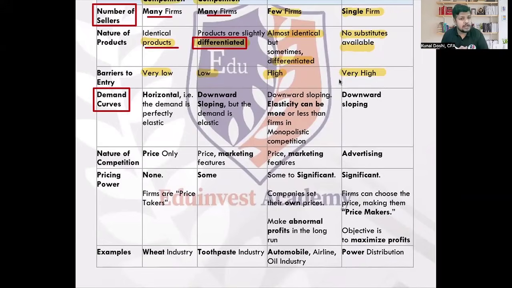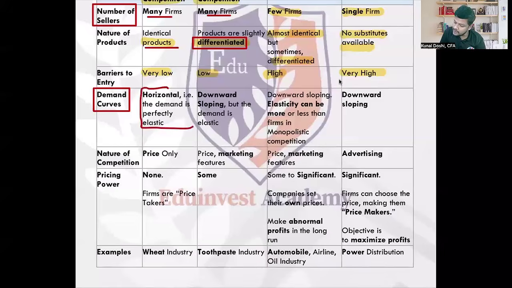In the case of perfect competition, the demand curve is horizontal, which means the demand curve is perfectly elastic. Perfectly elastic means even the smallest change in the price will take the entire demand away from the company which increases the price, isn't it? But that's what happens in an identical product market.